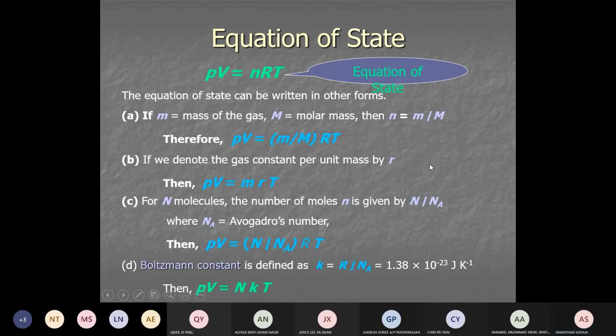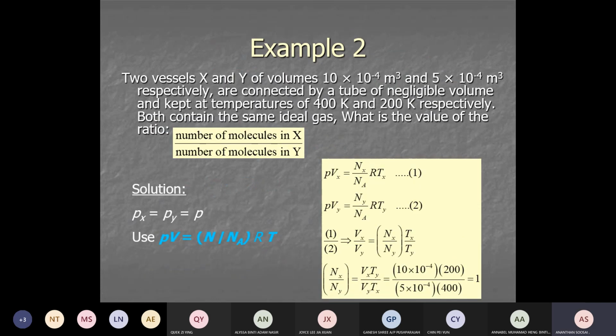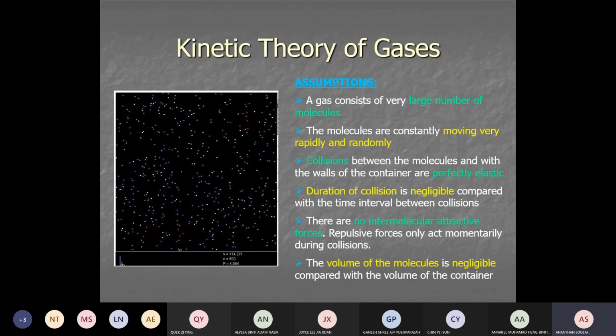Now, these are some questions about it. Can we skip this? Now we're going to talk about kinetic theory of gases. Previously, I told you that what causes the pressure by the air particle on the wall is the collision of the air particle.